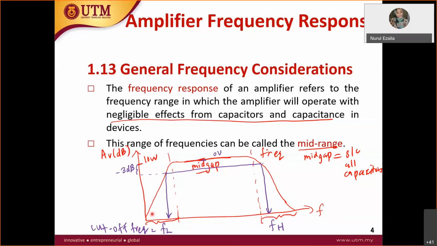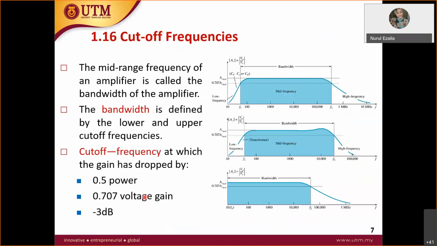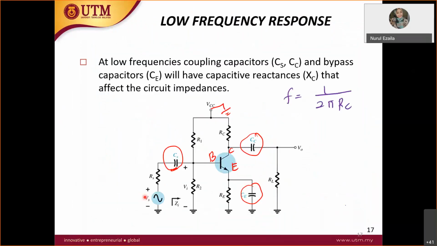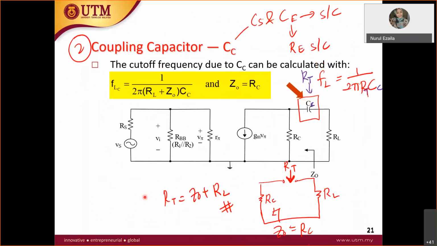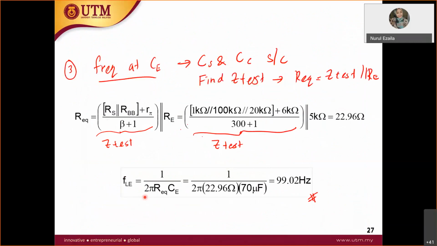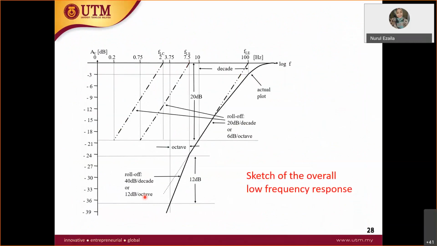So all these three frequencies that you got just now are actually at points along this low frequency. It could be the first frequency, second frequency, and third frequency, right? So that's why when the question asks you to draw the Bode plot, you have to include all these three frequencies.